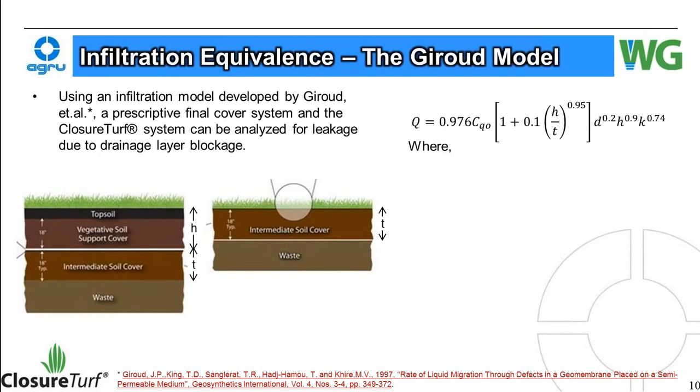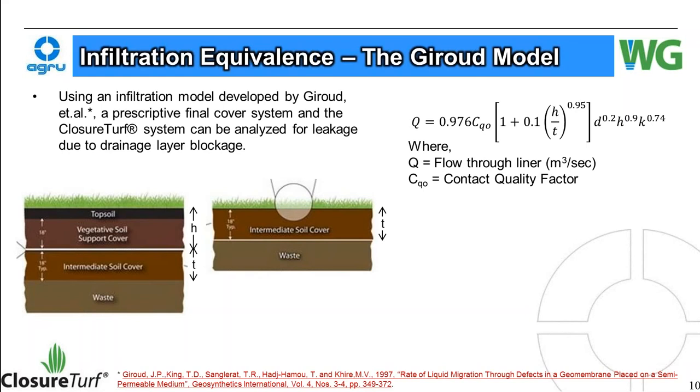So in this equation, Q is equal to the flow through the liner, C sub QO is a contact quality factor, which is basically if you've got a decent construction quality assurance program, this number is on the low side.